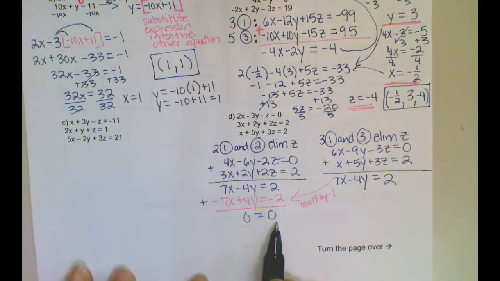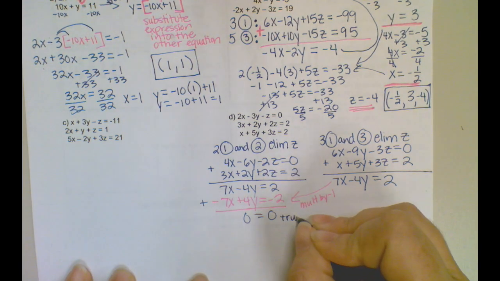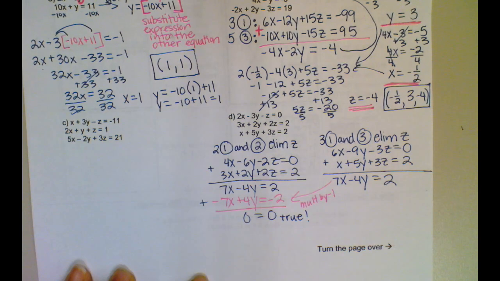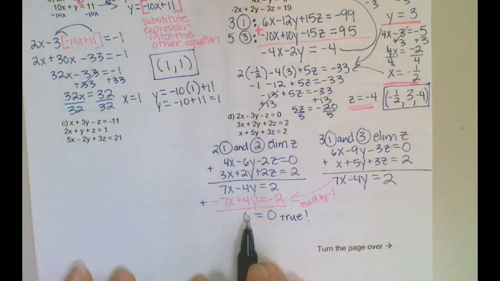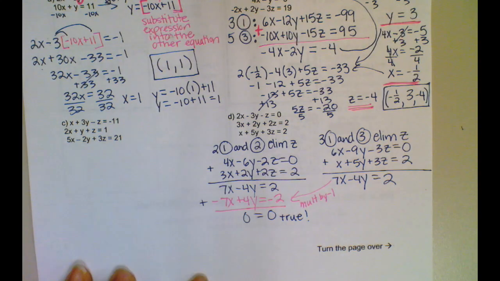You have to look to see what's left. If what's left is true, then that means it's infinitely many solutions. If what's left is false, like 0 equals 5 or -2 equals 7, then that would be a no solution. So this is infinitely many solutions.